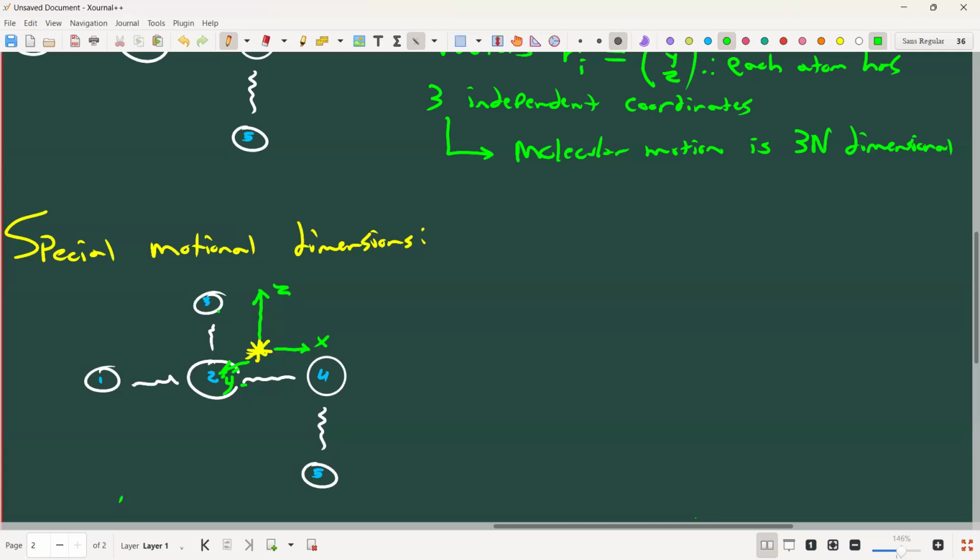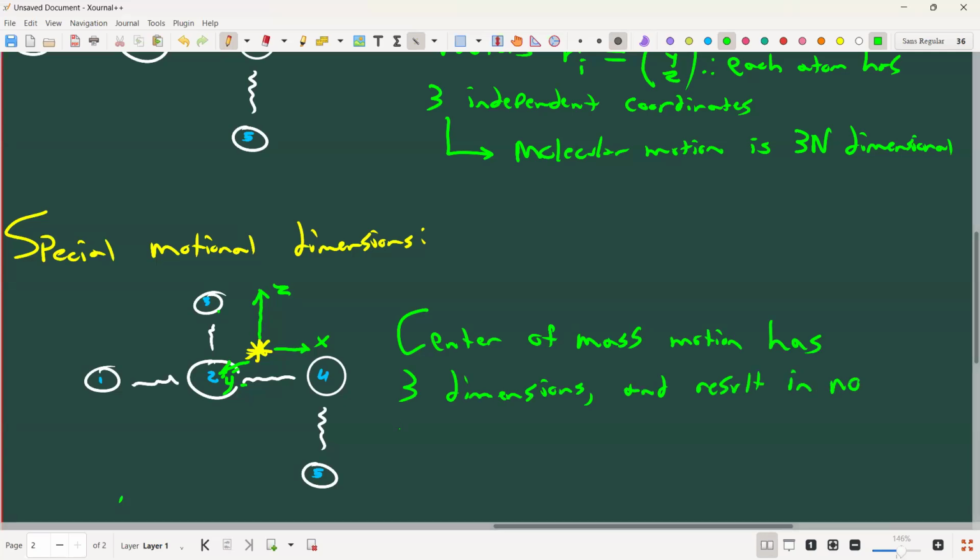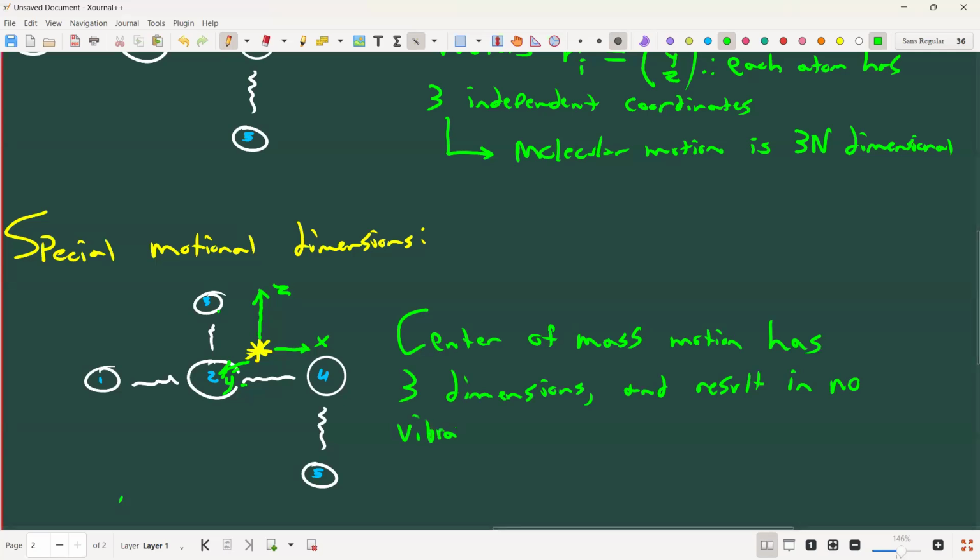I'm not moving the atoms relative to each other, I'm moving them all collectively in one direction. This is just translation. So center of mass motion has 3 dimensions and results in no vibrations or structural change.